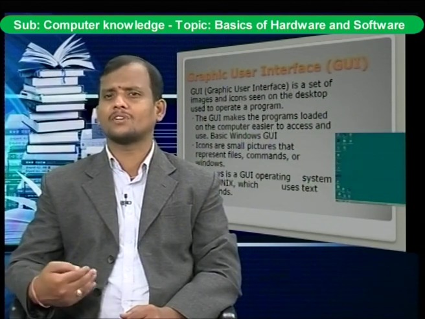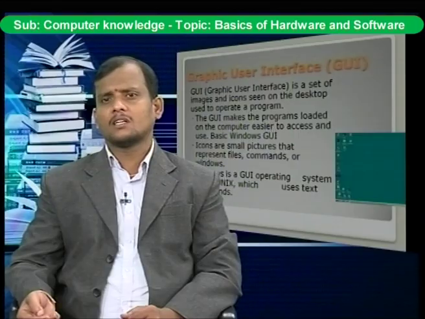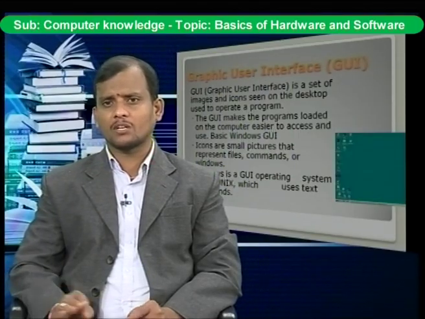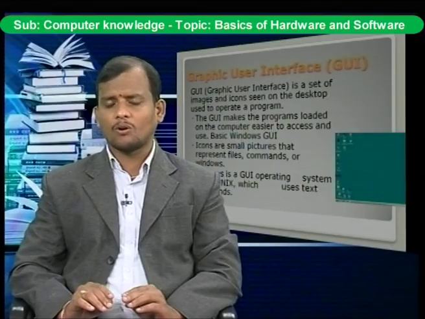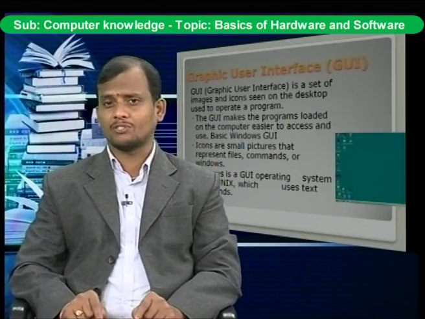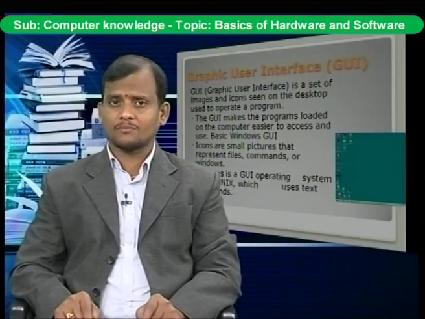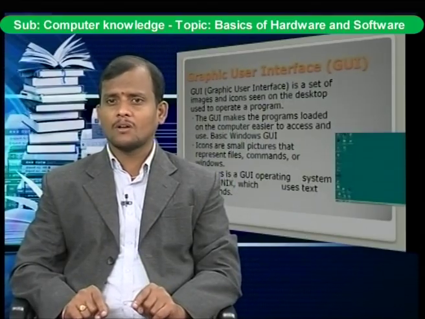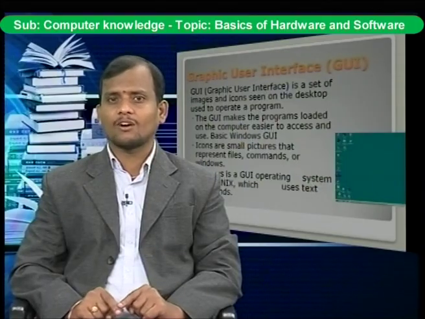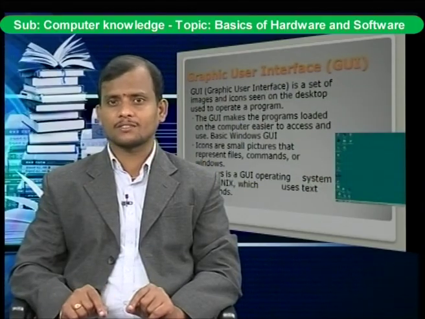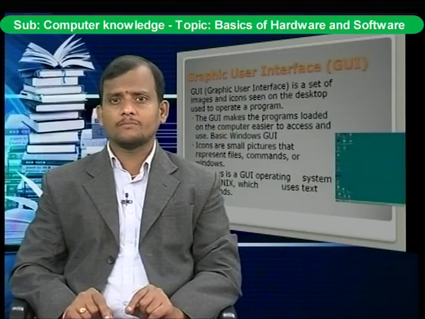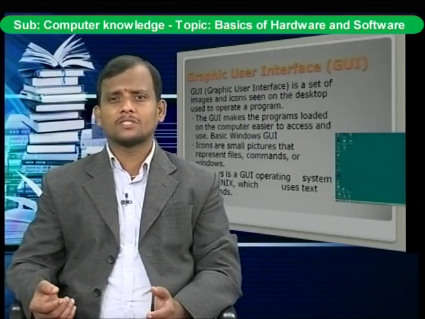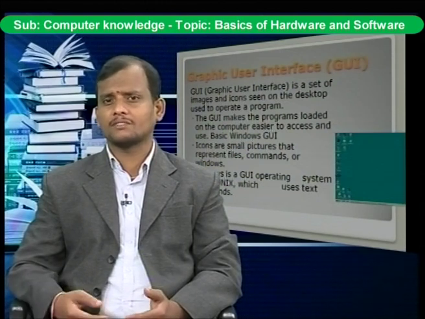The screen which is displayed when you switch on your computer is the desktop, and it is called the graphical user interface. Whatever you see on the desktop is called icons, which are small pictures that represent files, commands and windows.